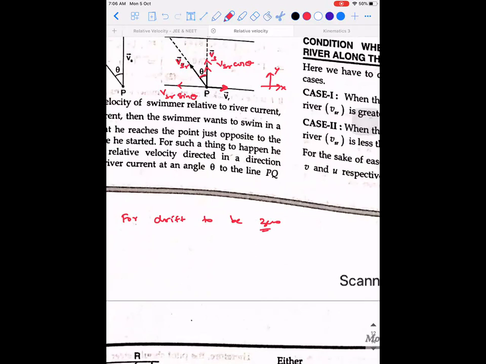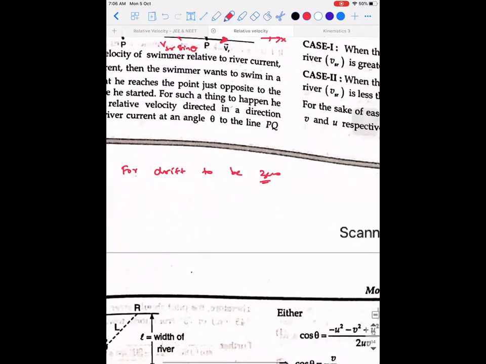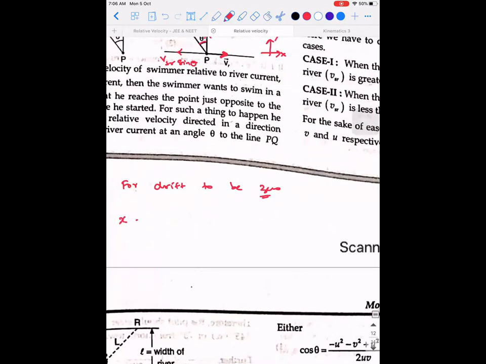VSR sine theta. Is it only VSR sin theta? I'm saying, you have VR also, right? So can I put it like this? The drift that is being experienced along the x direction is equal to the resultant velocity along the x direction multiplied by the time taken for the person to reach the other end. Can I put it like this? Right, this is the drift.